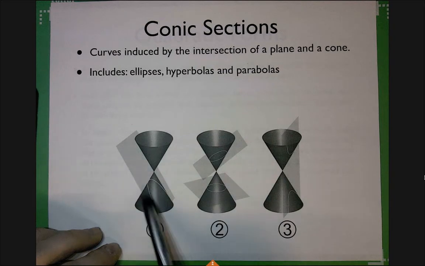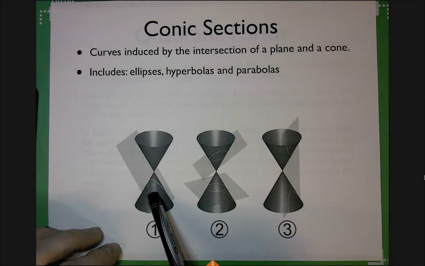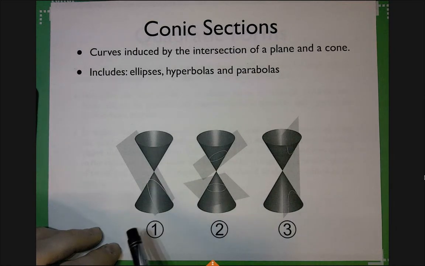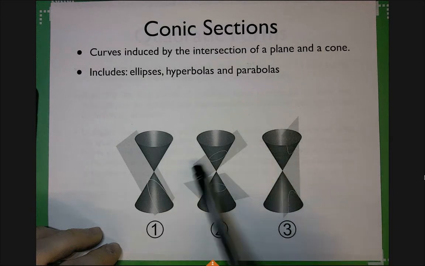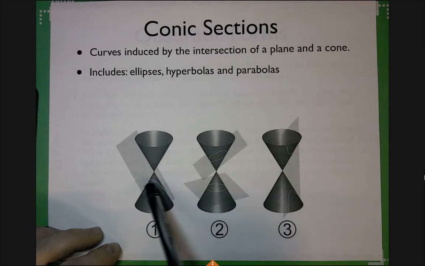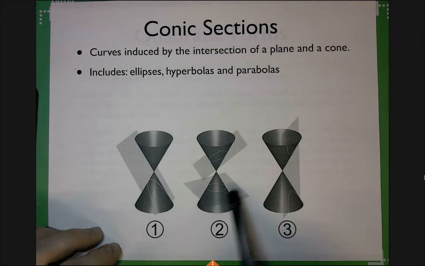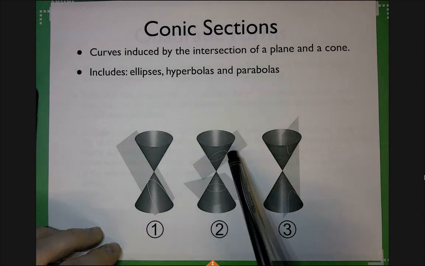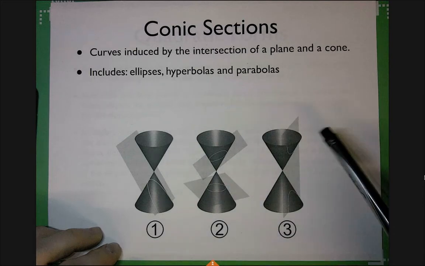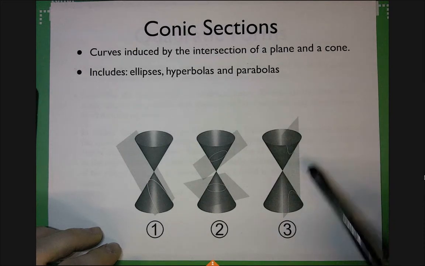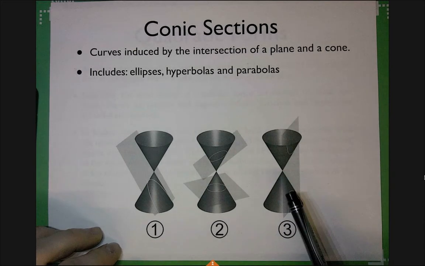If I cut it in such a way that I only cut one of the halves of the cone, then I get a parabola, and it's of infinite extent. If I cut it in such a way that the curve is closed, then I get either an ellipse or a circle. And if I cut it in such a way that I get two open curves, then this is a hyperbola.